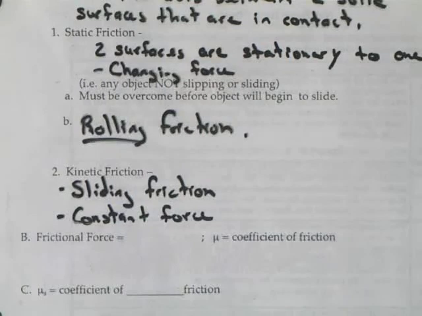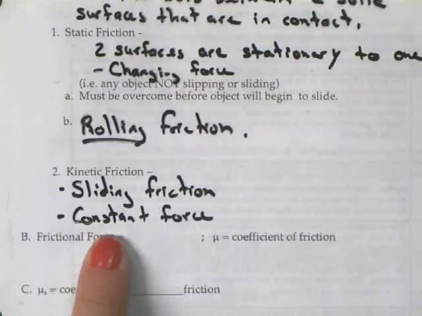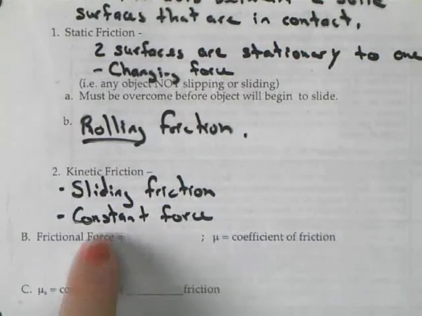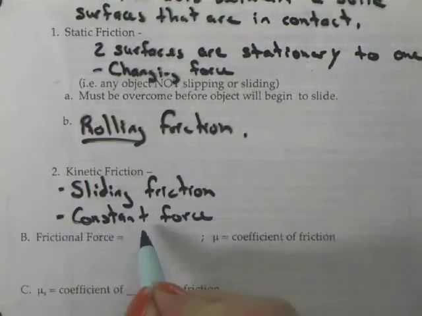No matter how much push force you're applying to slide something forward or backwards, this kinetic friction is going to be constant. Static friction balances out your push force until you break the static friction. Kinetic friction is just one constant force.